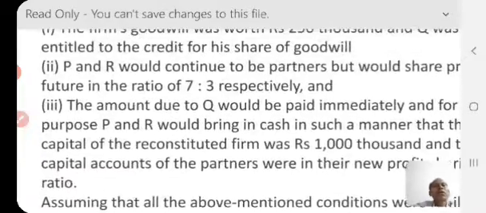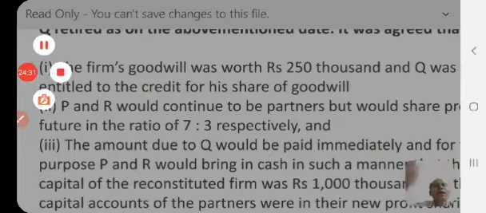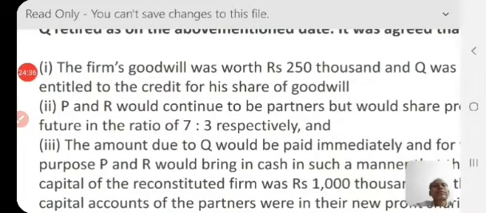Yes, here are 2-3 complicated aspects. See carefully. Goodwill is valued at 250,000 and Q is entitled to it.